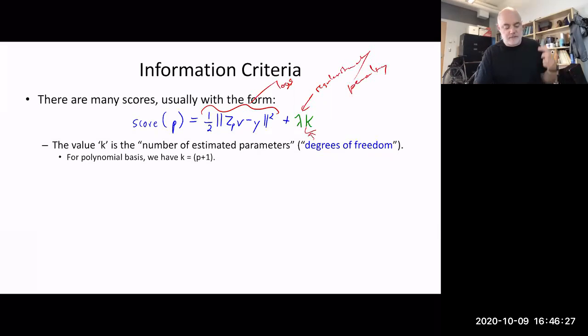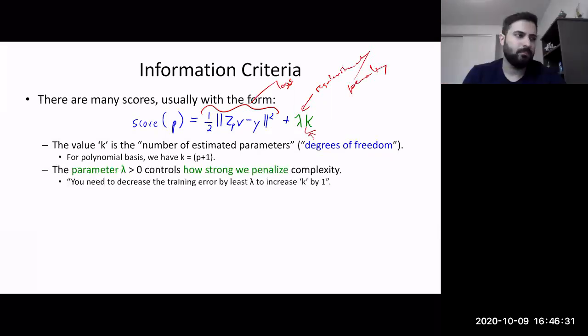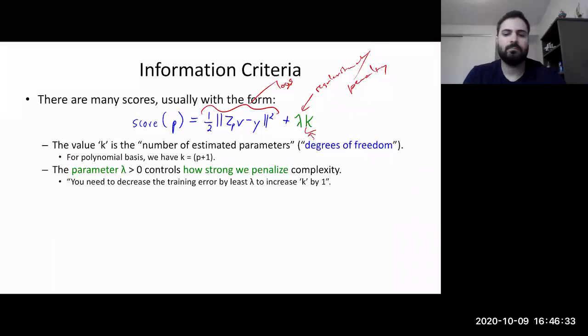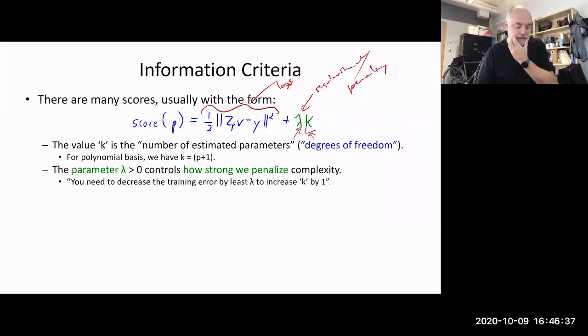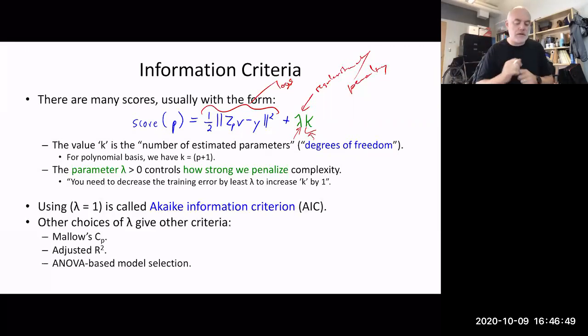For the polynomial basis, we have K equals P plus 1 because there's the 0th order term. And this term lambda controls how strongly we penalize complexity. In other words, you need to decrease the training error by at least lambda to increase K by 1, to increase the polynomial order or number of degrees of freedom in the model by 1.